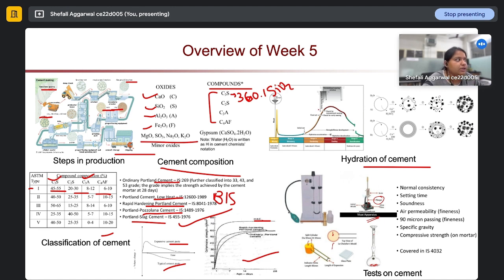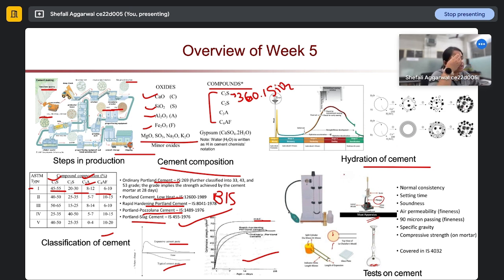Then, if we have too much C3A, too much of aluminates, there are chances of formation of ettringite. So this is the complete step of how, when we add water to different compounds, nucleation will happen and how hydration of cement will take place.